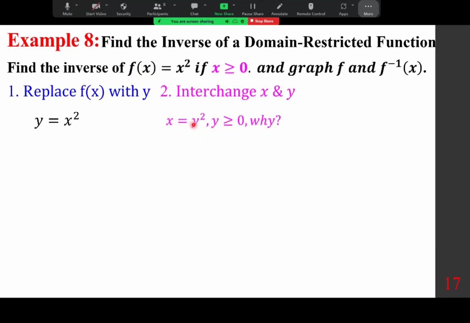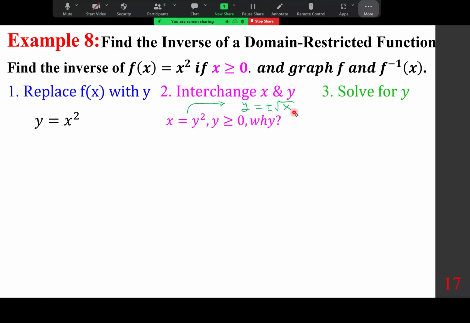So to solve for y, I hope you recognize y is plus minus square root of x. There are two answers. However, y must be positive, and you go with the square root of x.